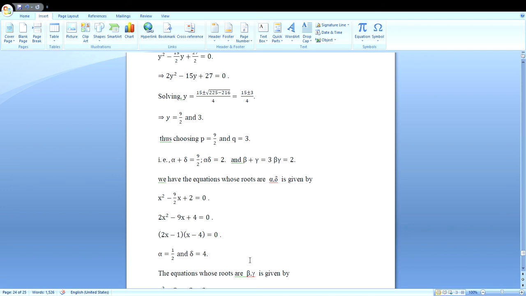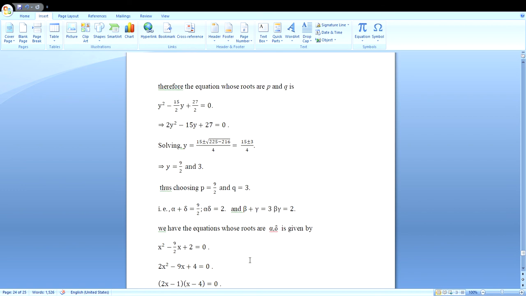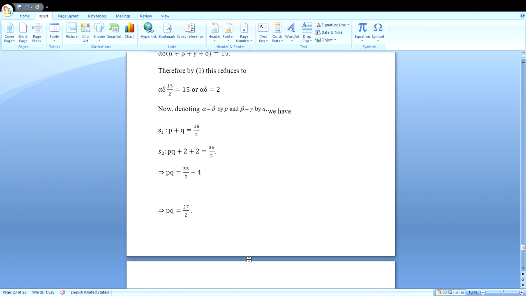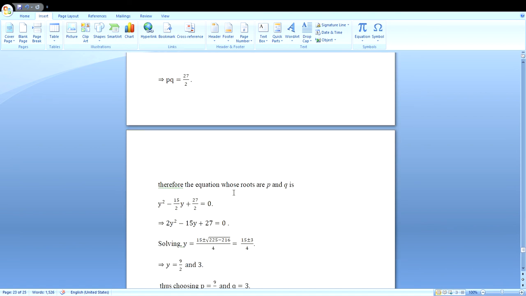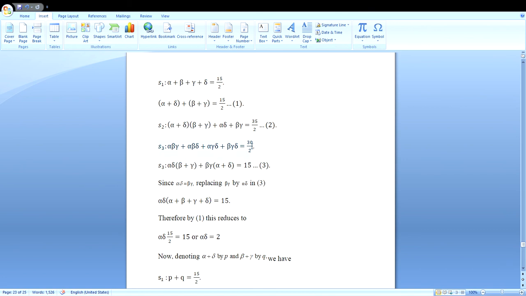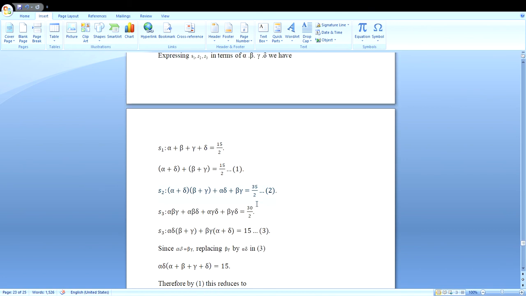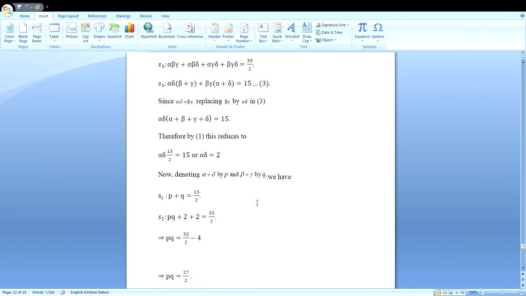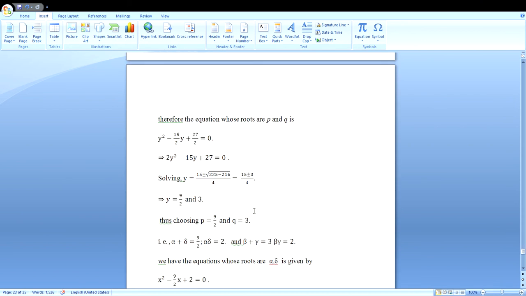Similarly, we can find the equation whose roots are beta comma gamma. Here we have beta plus gamma is 3 and beta gamma is 2.